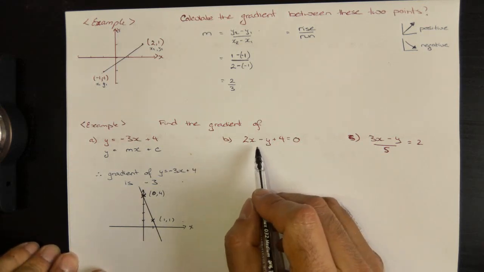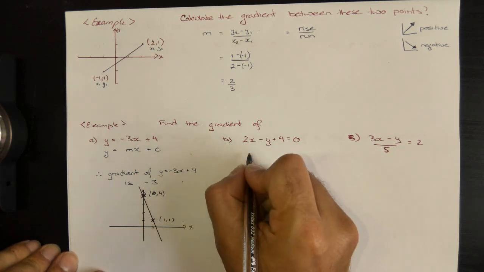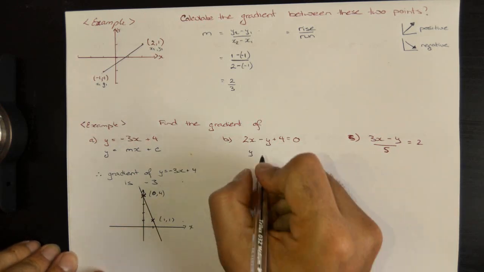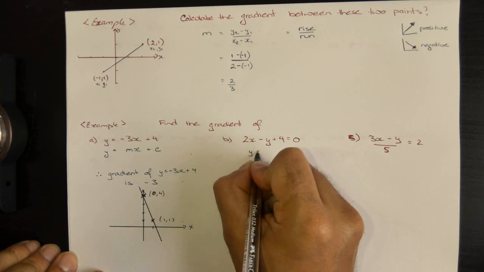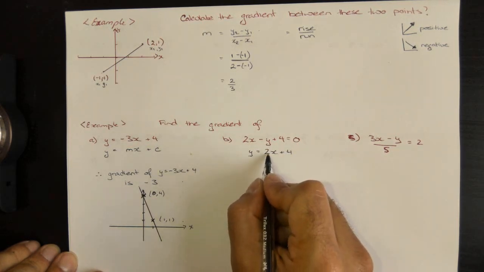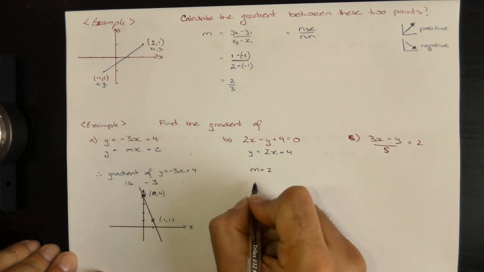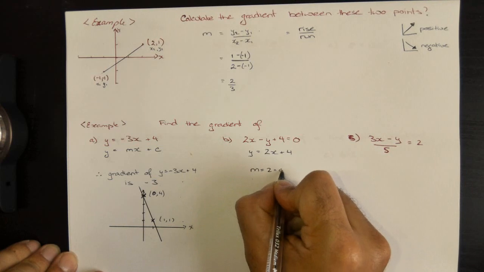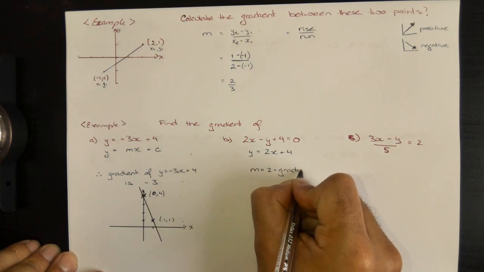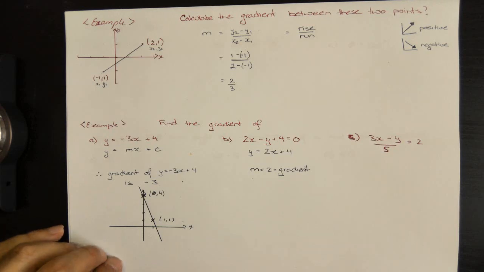Here I have an equation in its general form. I can rearrange this so that it looks like the gradient intercept form. Bringing that y across, I get y equals 2x plus 4. So here my m value equals 2, so the gradient is 2. Once again, we could sketch it.